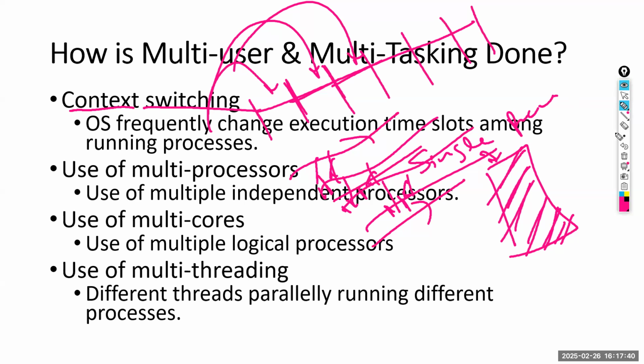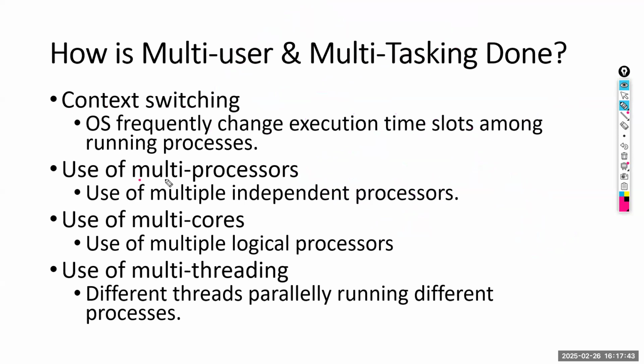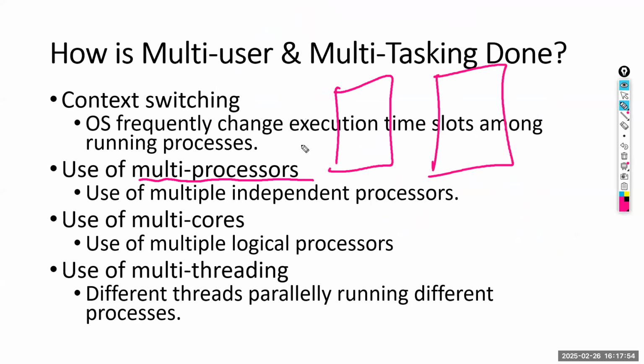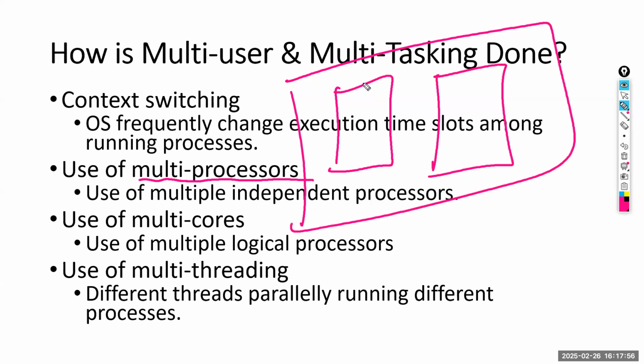Right. So if you have multiple processors, that means physically there is more than one processor in your motherboard, which is very rare anyway. This is usually available in server computers that need a lot of processing power, like web servers and database servers. Then, of course, different programs can be run by different processors.